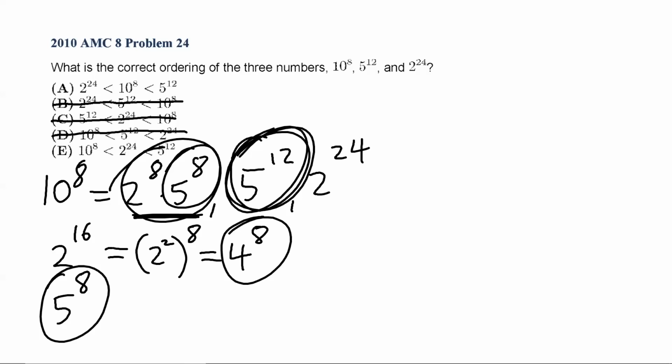Basically, which side has the bigger number, that's the heavier side. So the 5 to the 8 bigger that 10 to the 8 has ultimately outweighs the 2 to the 16 bigger that 2 to the 24 has, which means that 10 to the 8 is greater. So that eliminates choice E, which means the answer is A.